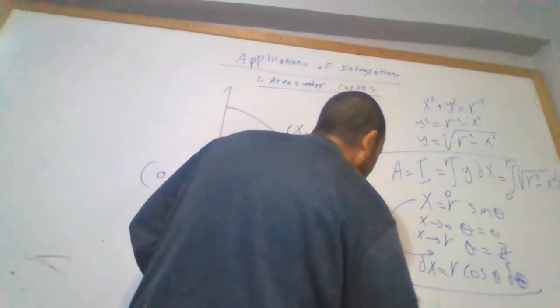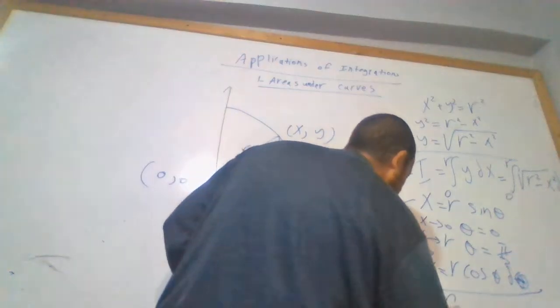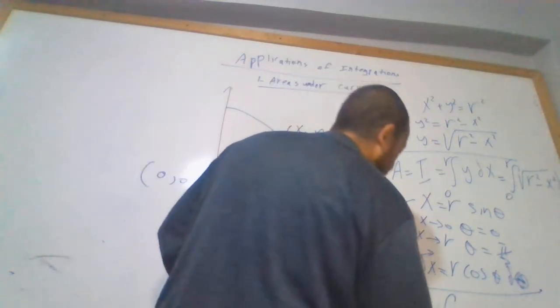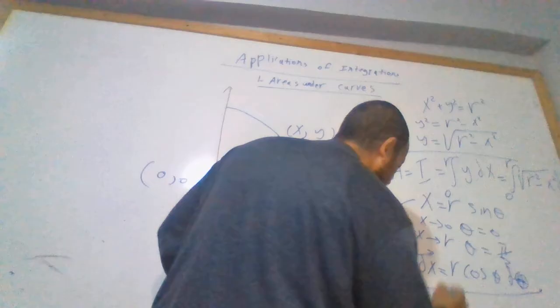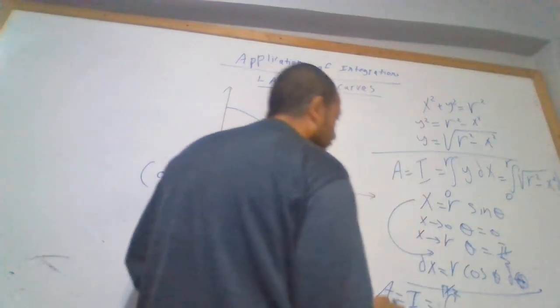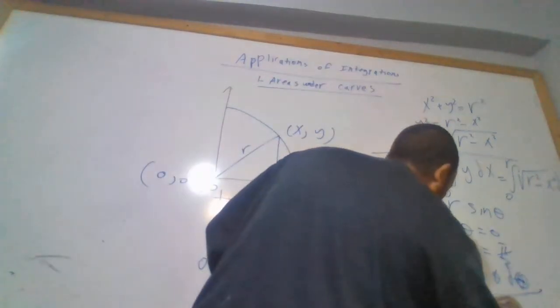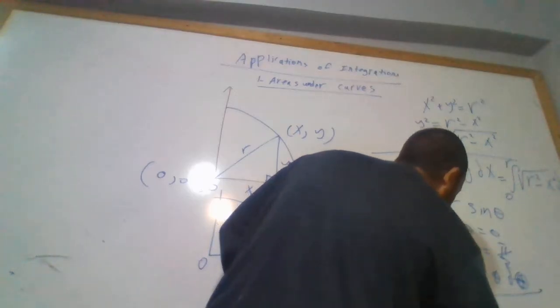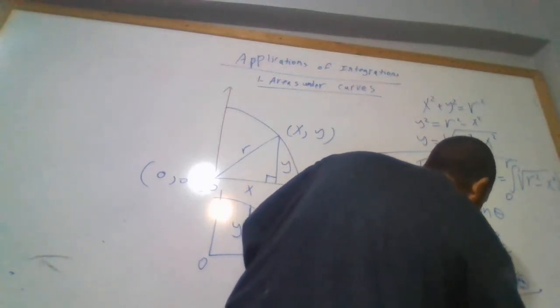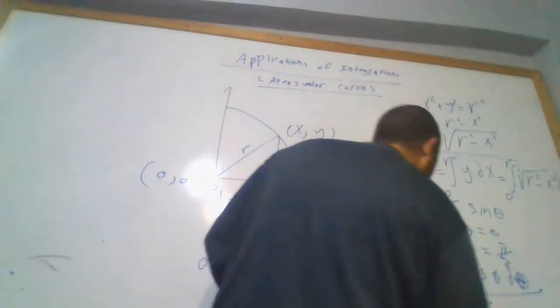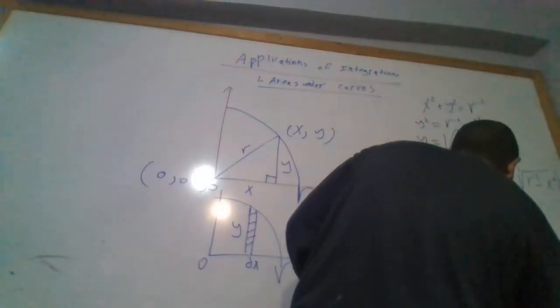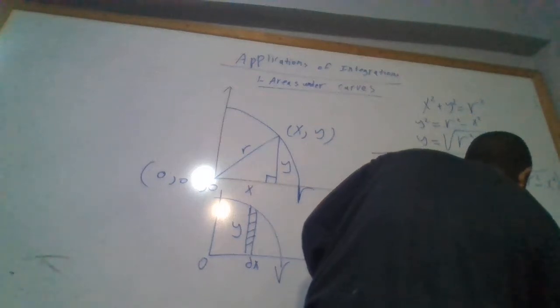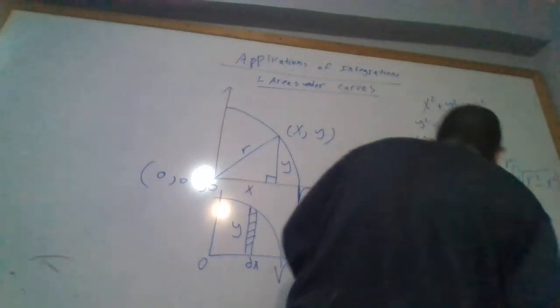Then our A equals the integral from theta 0 to pi over 2 of the square root of r squared minus r squared sine squared theta, times dx which equals r cosine theta d theta.